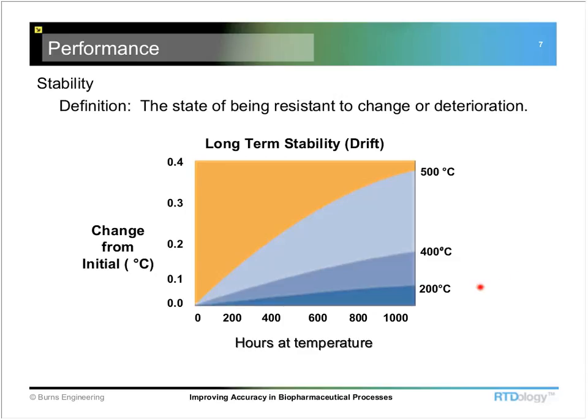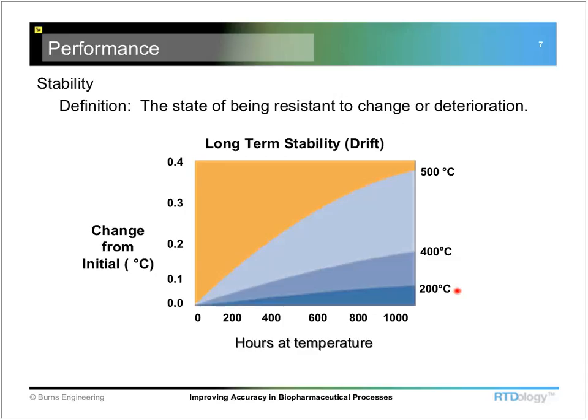And for most of the biopharm processes, we're going to be running under 200 degrees C. So you can see that it's going to be 0.0 something degrees C. Generally, this is kind of a worst case scenario here. So the actual typical numbers that you'd see in a process would be roughly half of what you see on this graph.